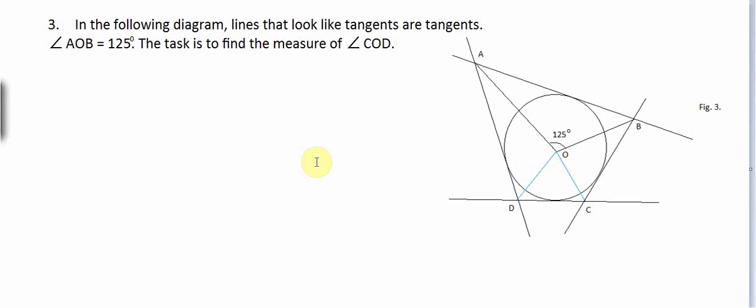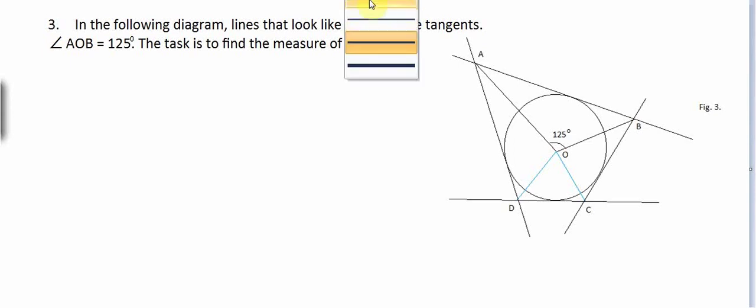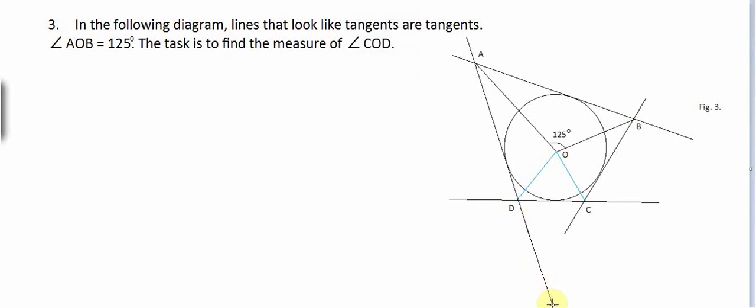So one way to find it is as follows. We extend the tangents so that they intersect at a point, and we name a few angles over here.